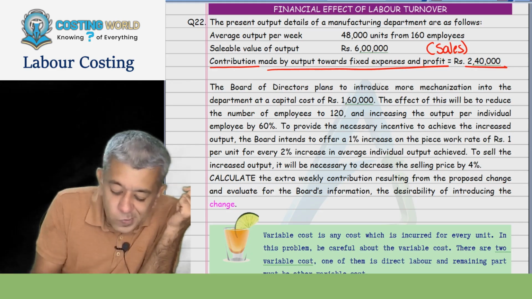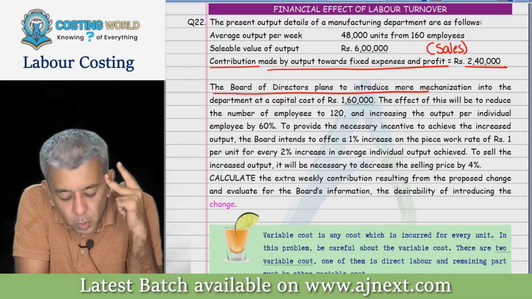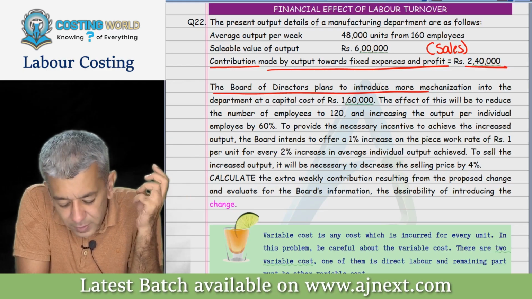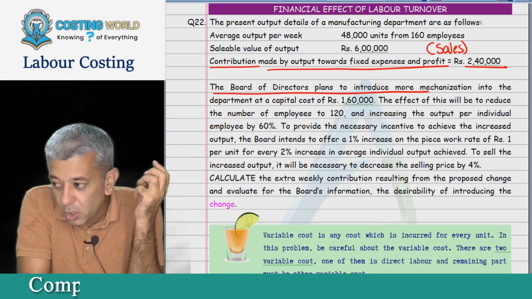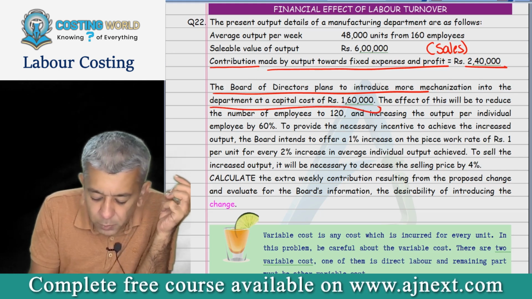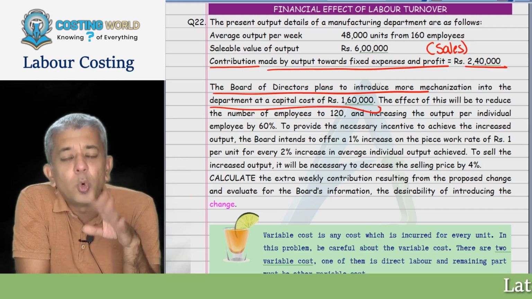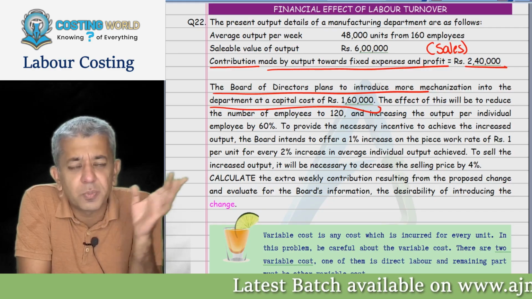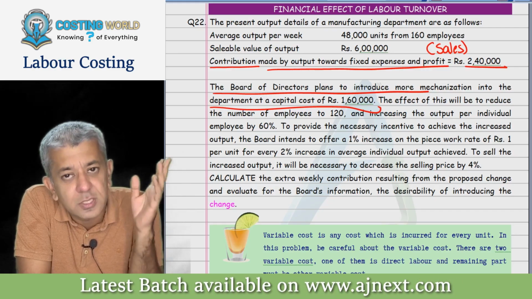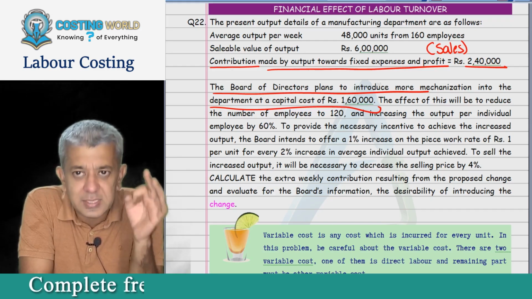Let's read further. The board of directors plan to introduce more mechanization into the department at a capital cost of 1,60,000. So the board of directors are thinking: let's bring in more machines, which will cost us 1,60,000.